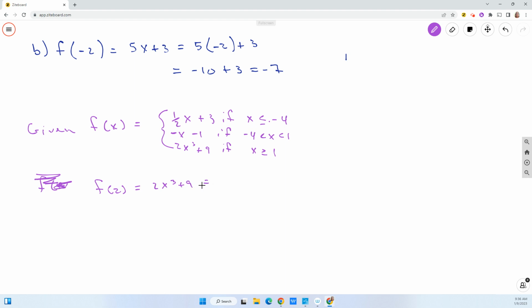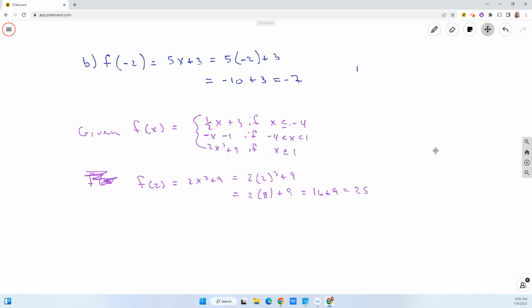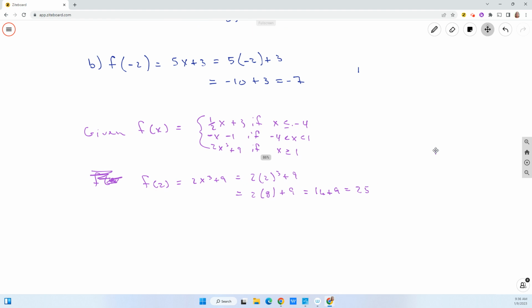And wherever the x is, we are going to plug in 2. So we'd have 2 times 2 cubed plus 9, which is going to give me 2 times 8 plus 9, which is 16 plus 9, which equals 25, right? So not too difficult, because once you know what equation to use, all the equations themselves are fairly simple.